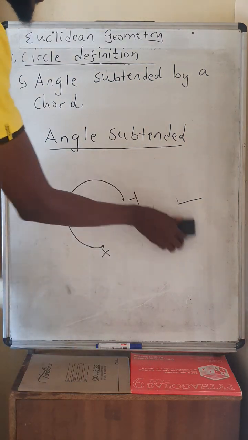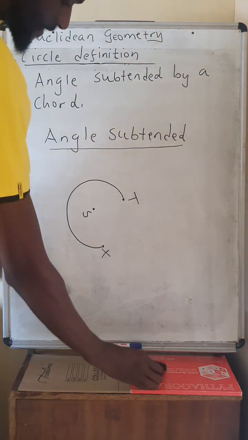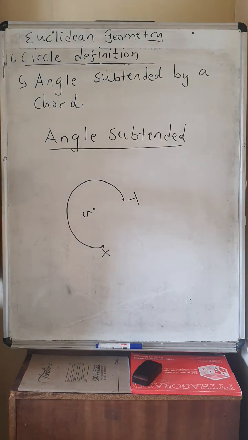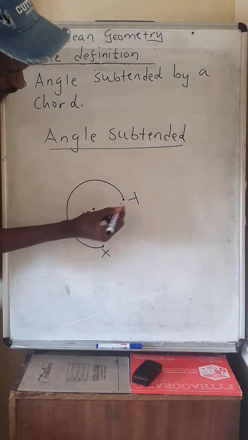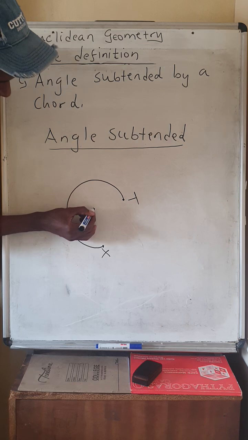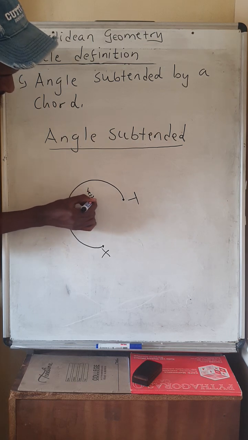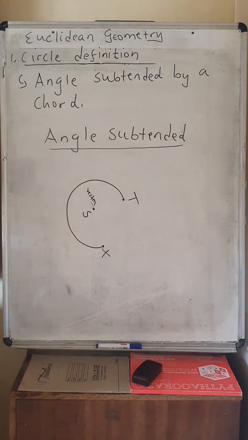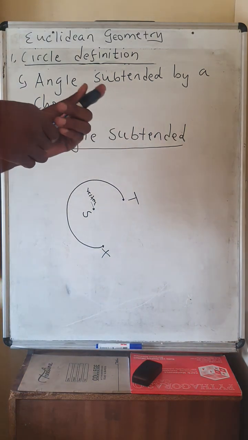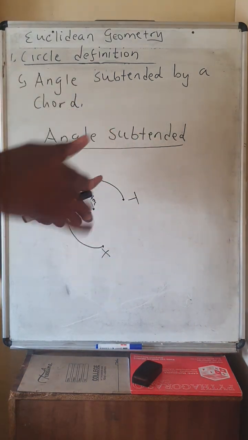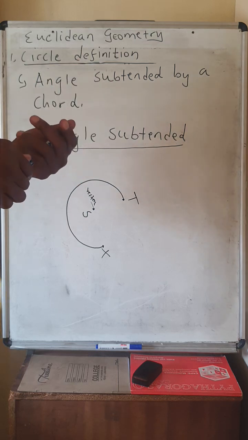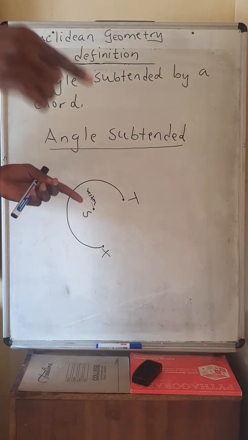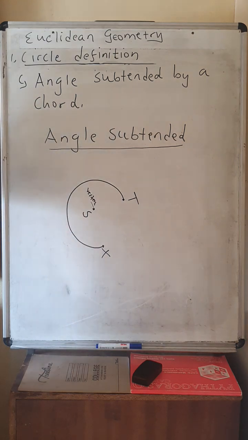Now, in this situation, I'm going to give you two examples, so you'll tell me which angle is being enclosed. Remember, this is the vertex of the angle, and I want my angle to be subtended by this major arc XT. Remember I said if I want an arc to subtend an angle, the arms of that particular angle must touch the end points of that particular arc.